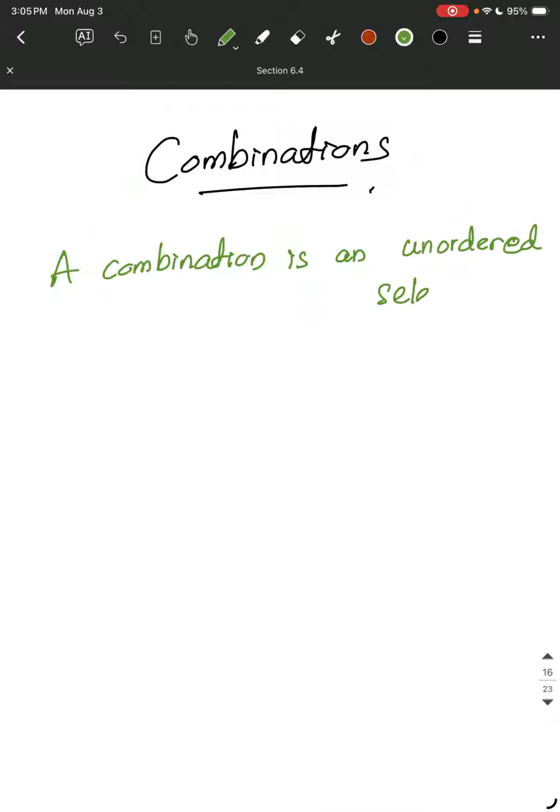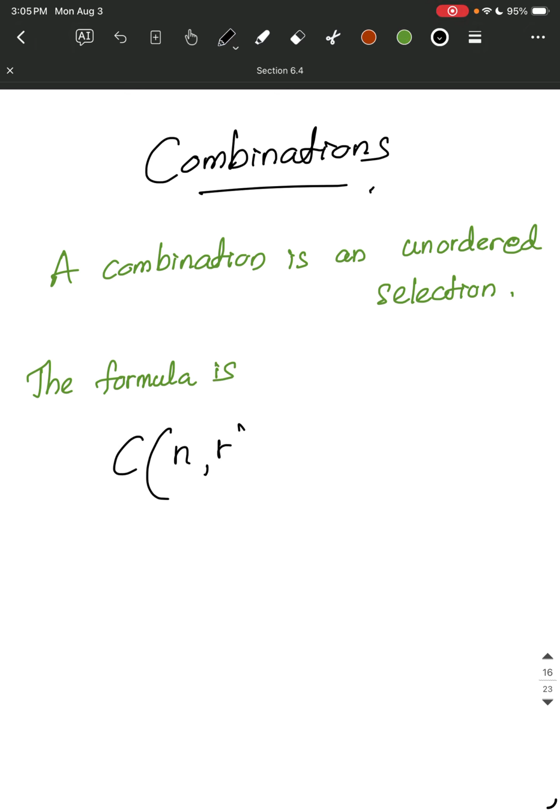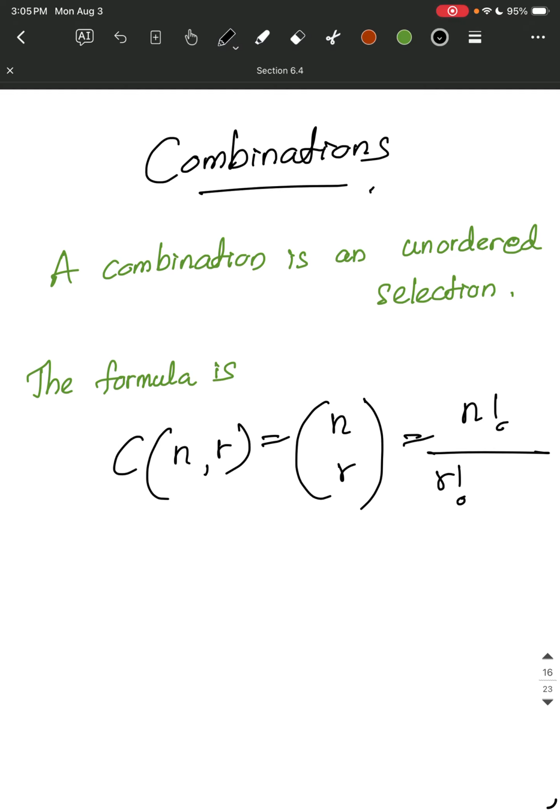The formula is C(n, r), n choose r, equals n factorial over r factorial times n minus r factorial.